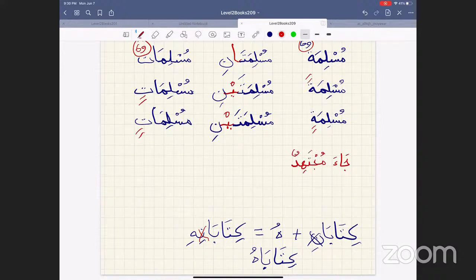Mujtahidun: the hard worker came. The hard worker of what? I want to say the hard worker of the class, of the classroom. So this is idafa. Now I'm going to put these two together. So we're going to say جاء مجتهد الصف.